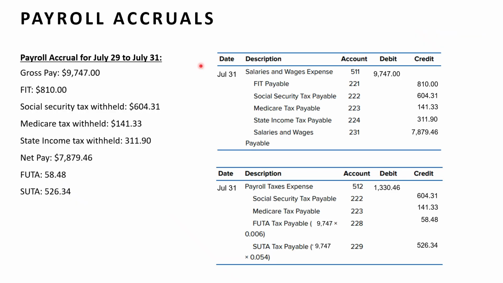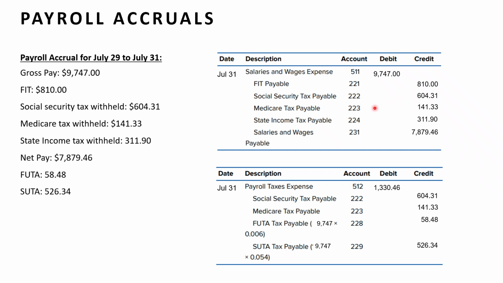In the first journal entry, we debit the salaries and wage expense account 511 for the gross pay accrual of $9,747. Then we record all withholds as credits because they're liabilities. Federal income tax payable, account 221, $810. Social Security tax payable, account 222, $604.31.